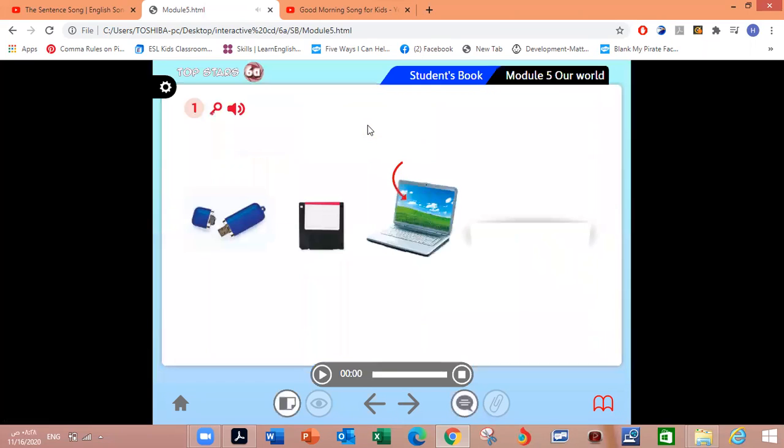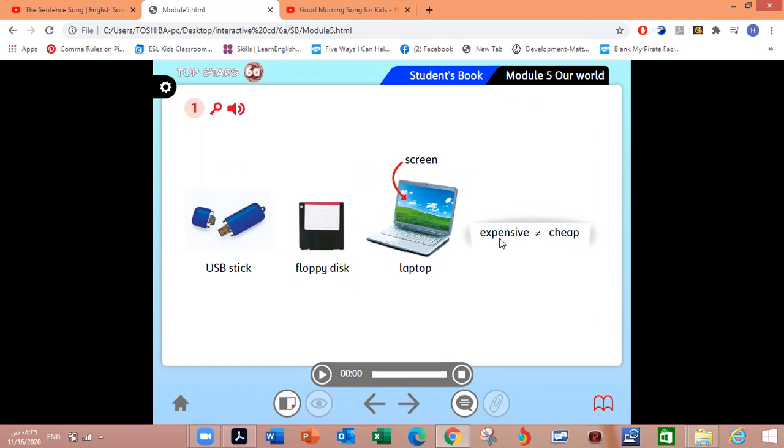But first, let's check these two words, expensive and cheap. Expensive, what does it mean, the word expensive? You can listen to my sentence and guess the meaning. I bought my new tablet for half price. It was very cheap.